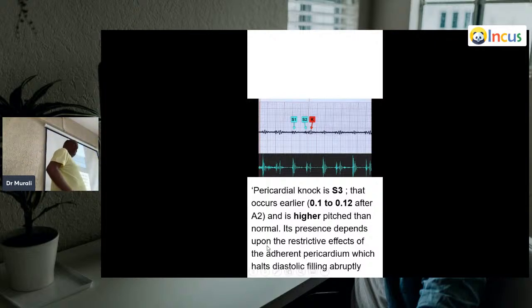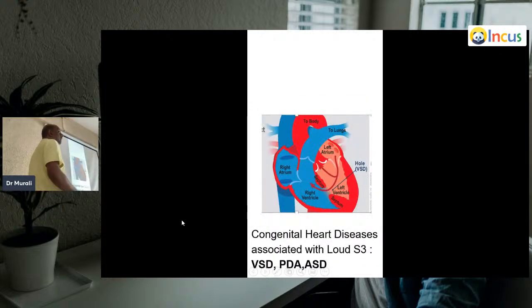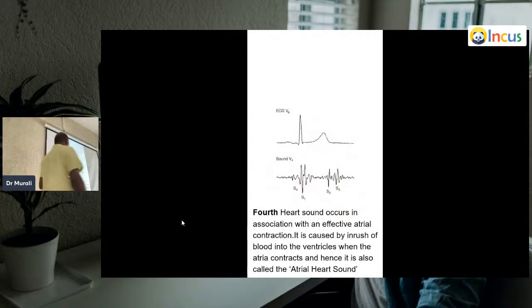So after A2, after 0.1 to 0.2 seconds, you listen to the pericardial knock because it is similar to S3, is what you need to remember. And congenital heart diseases like ASD, VSD, PDA can all lead to failure of the heart, leading to loud S3.